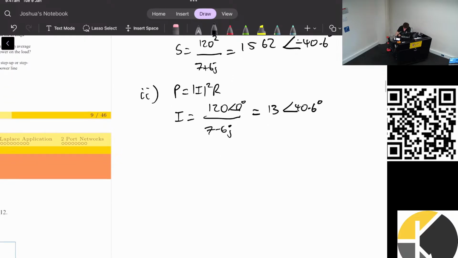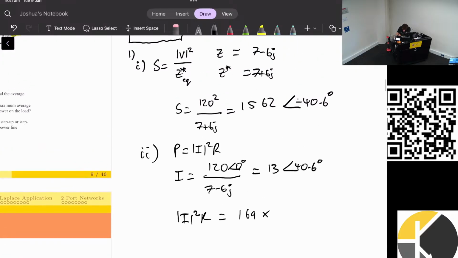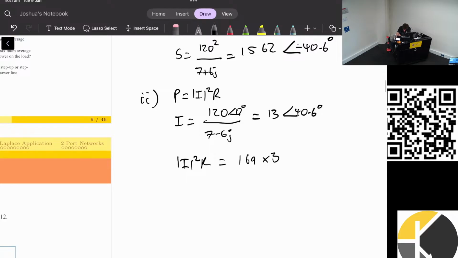Now we only care about the absolute value of this, so I squared is 120 squared over 169 times our R, which is 3, which is equal to 507 watts.